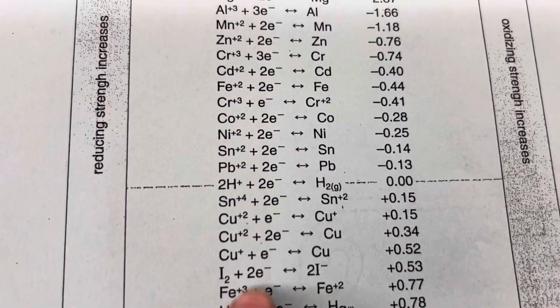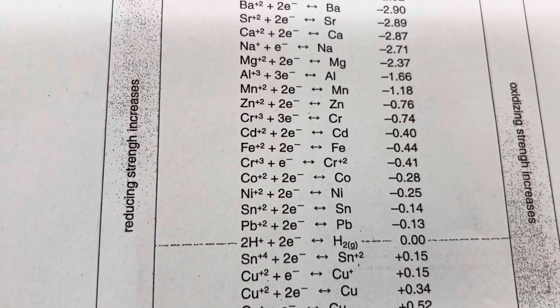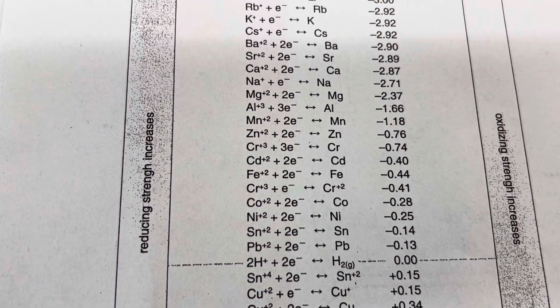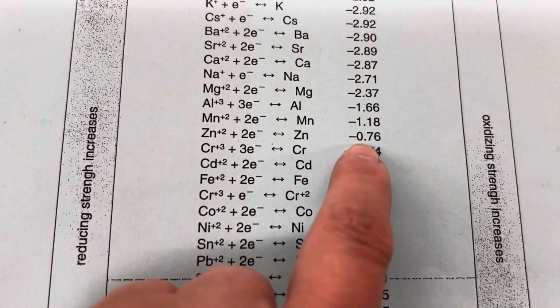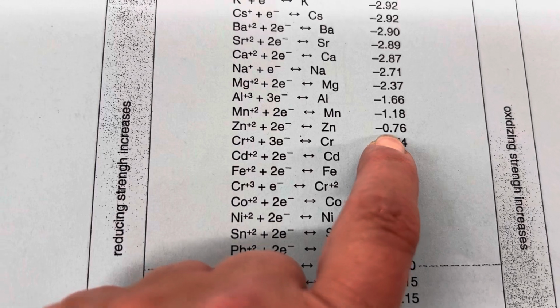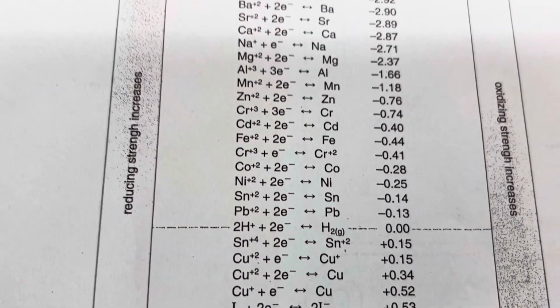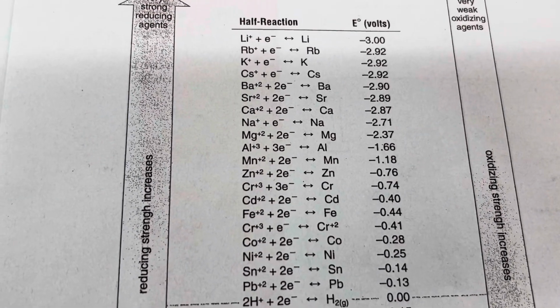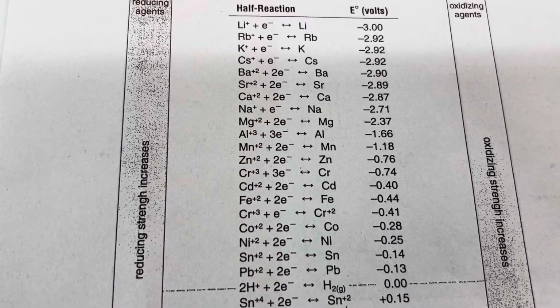And that would leave my copper equation at a positive 0.34 volts. So when I add those two values together, I get an overall positive voltage. Now, if I had chosen to leave this guy as a negative 0.76 volts, and I flipped this guy, that would give me a negative 0.34 volts, and I would get a negative voltage, and there's no way for that reaction to be spontaneous, so I chose wrong in that case.